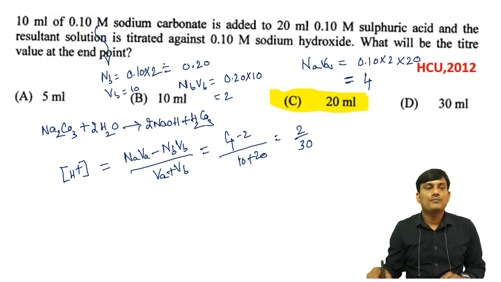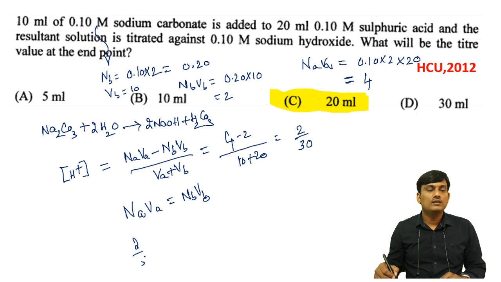Then what is the volume of sodium hydroxide? Here NaVa is equal to NbVb. Here Na is 2 by 30 and the resulting volume is 30.